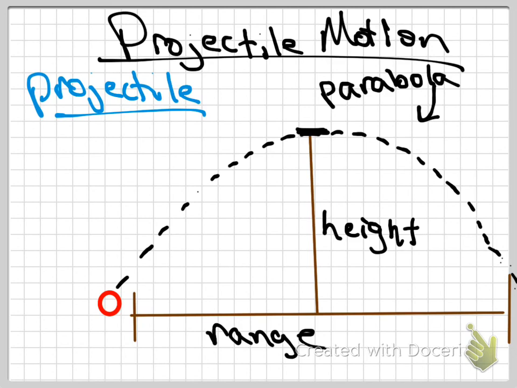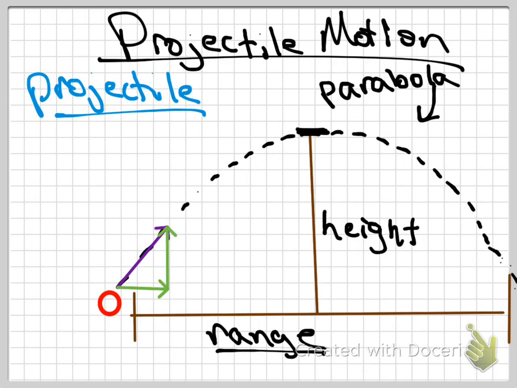So the range of a projectile depends mainly upon the speed and the angle at which it's launched. Okay, so this is where the velocity vectors come in. So remember, when you launch something at an angle, it's going to have a horizontal and vertical component to its velocity.